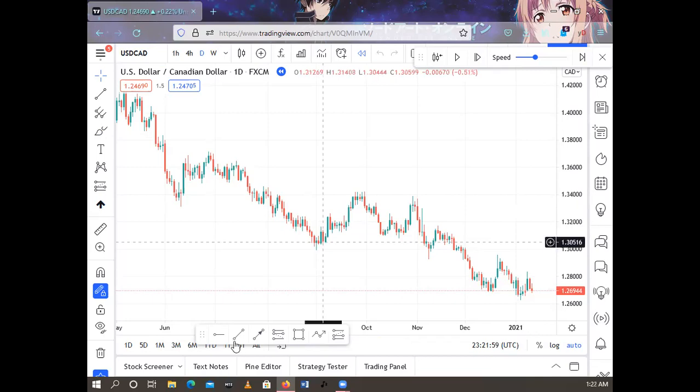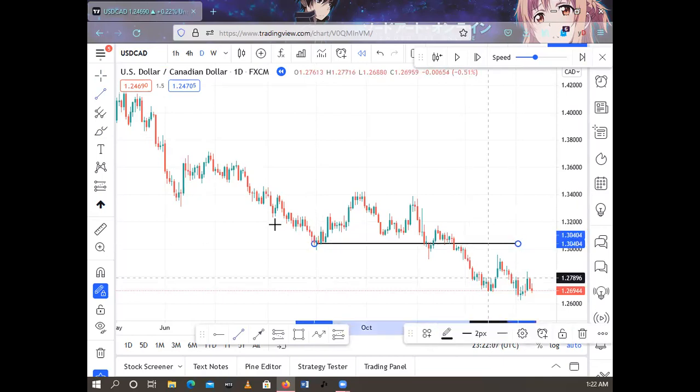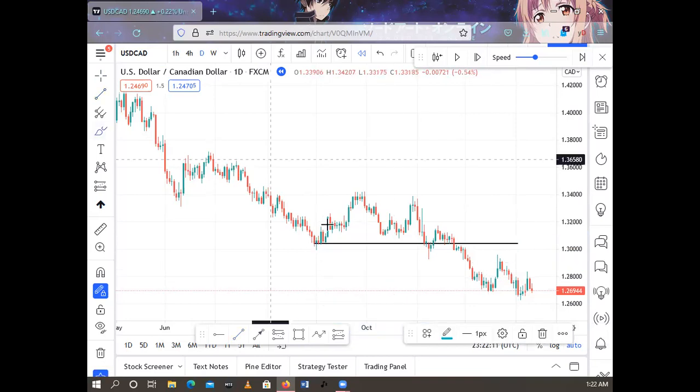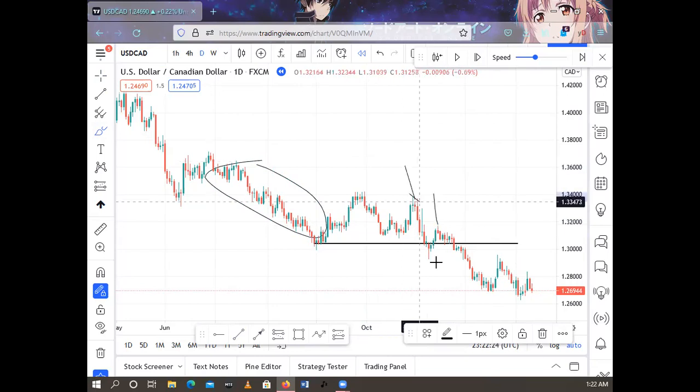Now, you can clearly see that once we broke this low here, the market has been continuing to the downside, even on these areas here, right? Even on those areas there. Now, what we want to identify is that the market had a lower high here, lower than this one here, right?